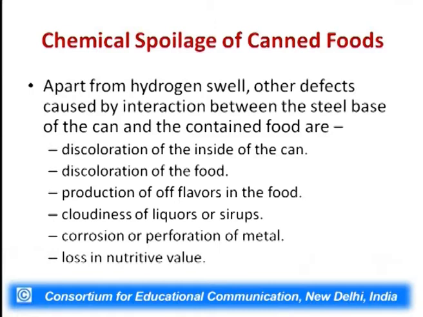These changes include discoloration of the inside of the can, discoloration of the food, production of off flavors in the food, cloudiness of liquors or syrups, corrosion or perforation of metal, and loss in nutritive value. So, loss in nutritive value of food due to chemical reactions occurring between the material of the can and the food is also a defect.